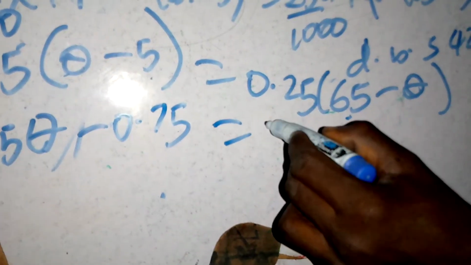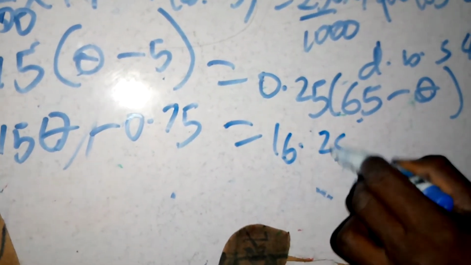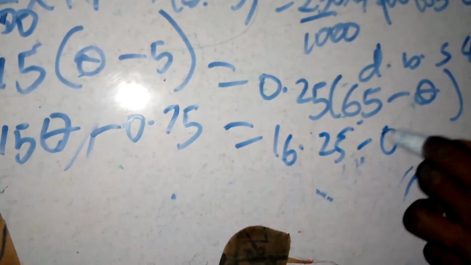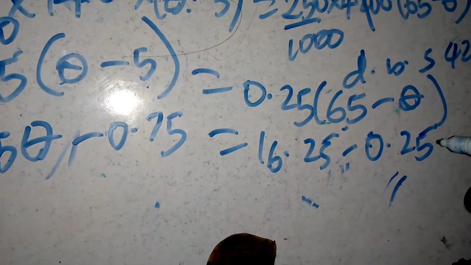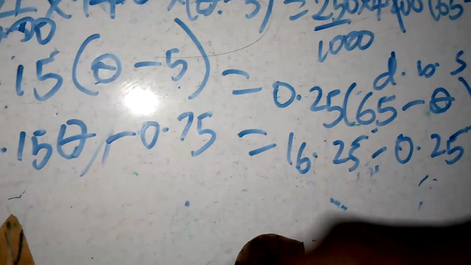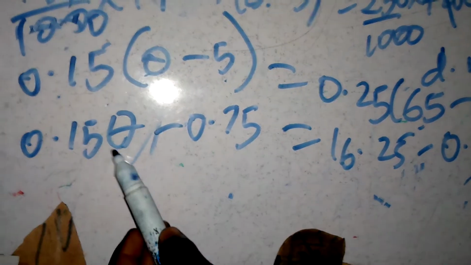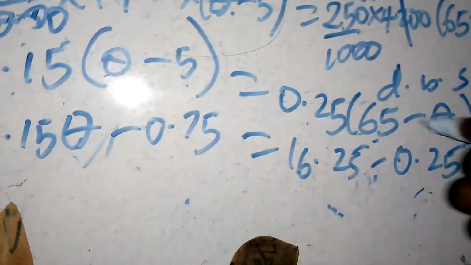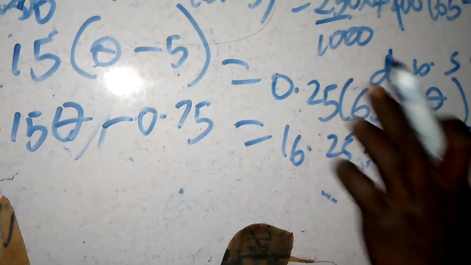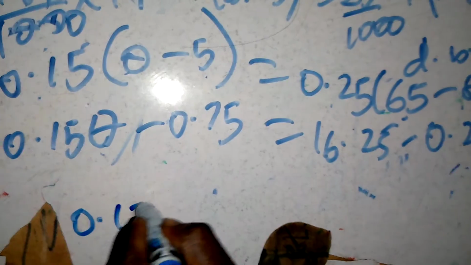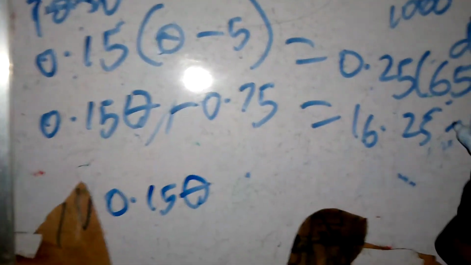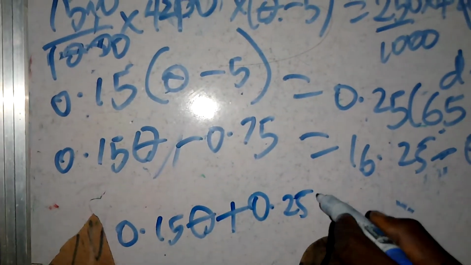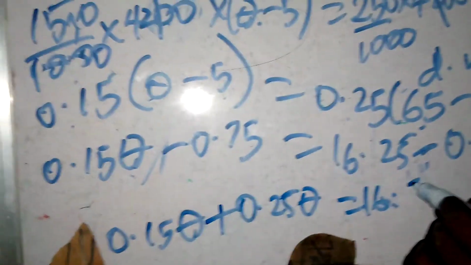When you multiply this, it will give you 16.25 minus 0.25 theta. So you collect like terms. Bringing this to this side, it is 0.15 theta, and the minus turns to plus when coming inside. 0.25 theta equals 16.25.